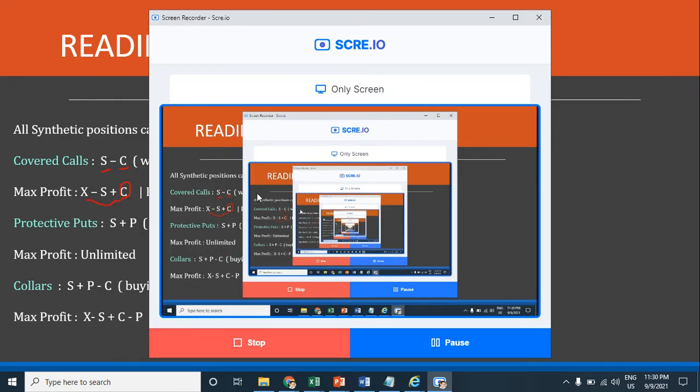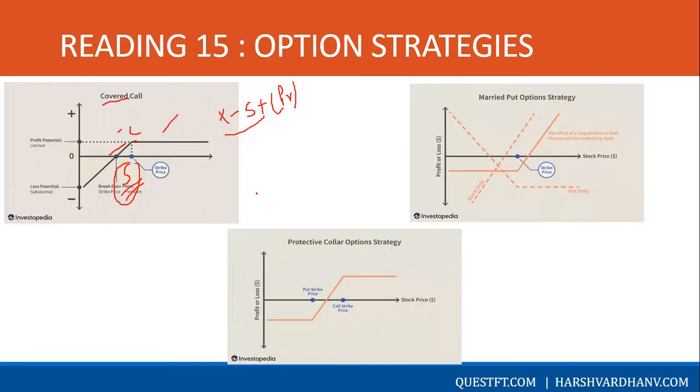And what will be the maximum loss? What happens if the stock goes on the downside? The stock can go to zero, so S can be fully lost. So your maximum loss is S, but you got the premium because you have sold a call. So S minus C, right?